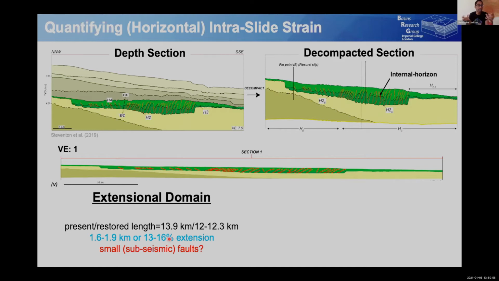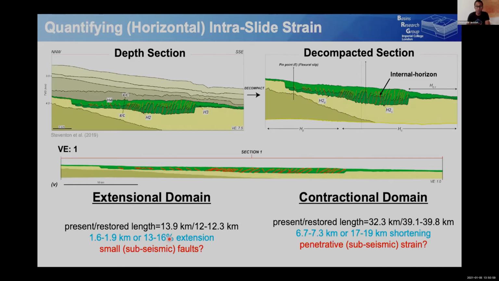And some of that may, of course, be accommodated by subseismic faults and some other things I'll come on to. In the contractional domain, the present length of the contractional domain using this internal horizon is about 32.3 kilometers. And the restored length, when you pull everything back out, goes up to about 40 kilometers, yielding a shortening, which should say percentage here, 17 to 19% shortening, or this amount in kilometers.